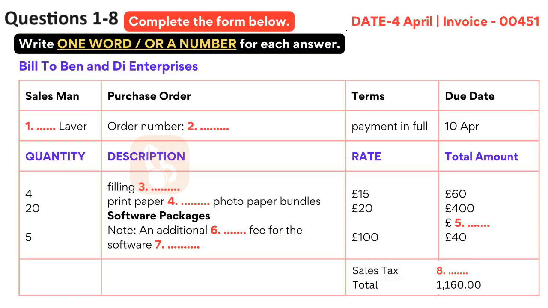Didn't you order print paper as well? Yes, we're taking 20 glossy photo paper bundles. What's the unit price again? It works out at £20 per bundle and £400 in total. And Rome said we could do a deal on the software packages, isn't that right? Yes.